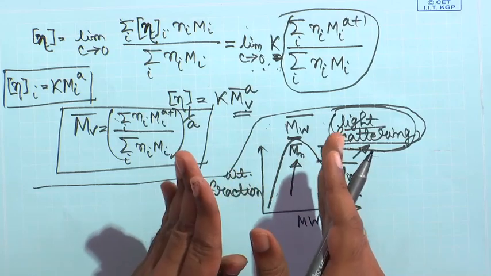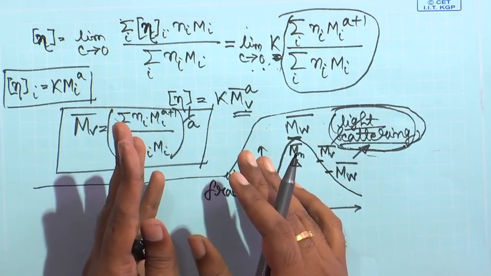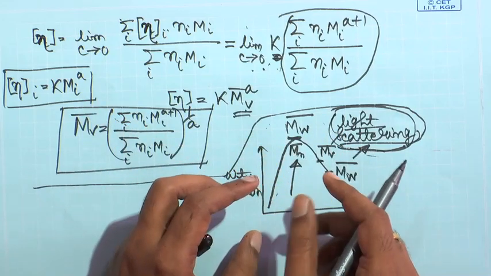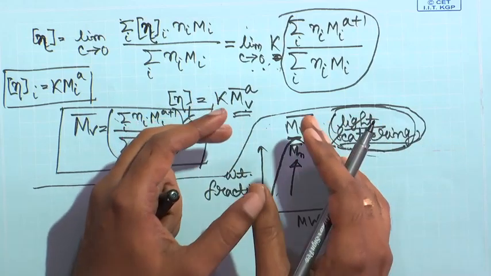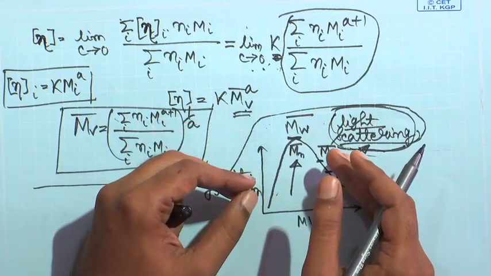Now, if it so happens that the total weight of these low molecular weight fractions in the polymer sample is actually low, then you will basically underestimate your total molecular weight if you are just using the Mn value. Suppose you have 95% by weight of polymer fraction which is having large molecular weight and 5% by weight of polymer fraction which is having low molecular weight.